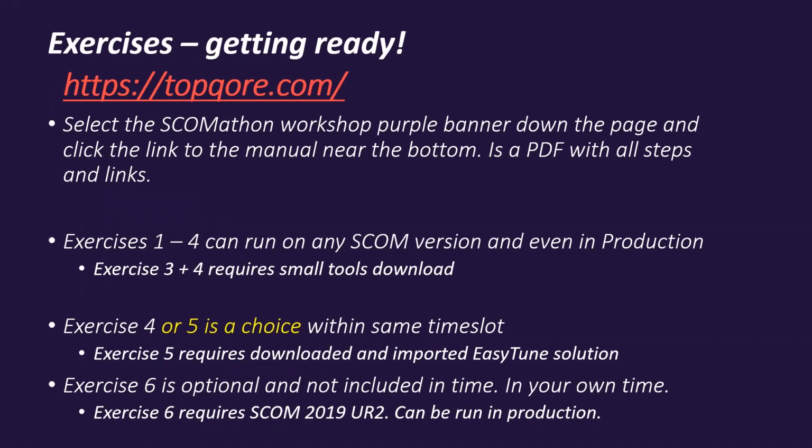Now, to get set up with the exercises, first of all, we have a PDF posted with all of the exercises and links to the prerequisites. You can find it if you go to the website topcore.com with a Q and scroll down and find the purple banner down the page and click a link near the bottom.